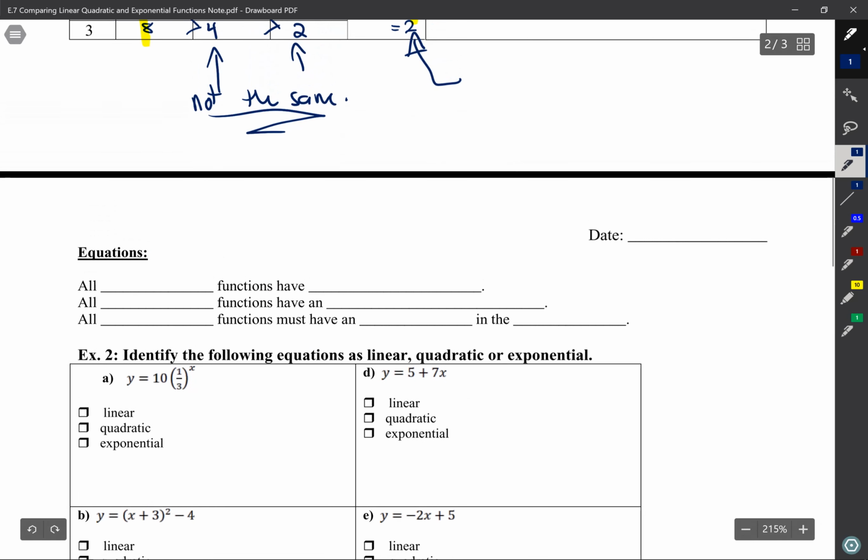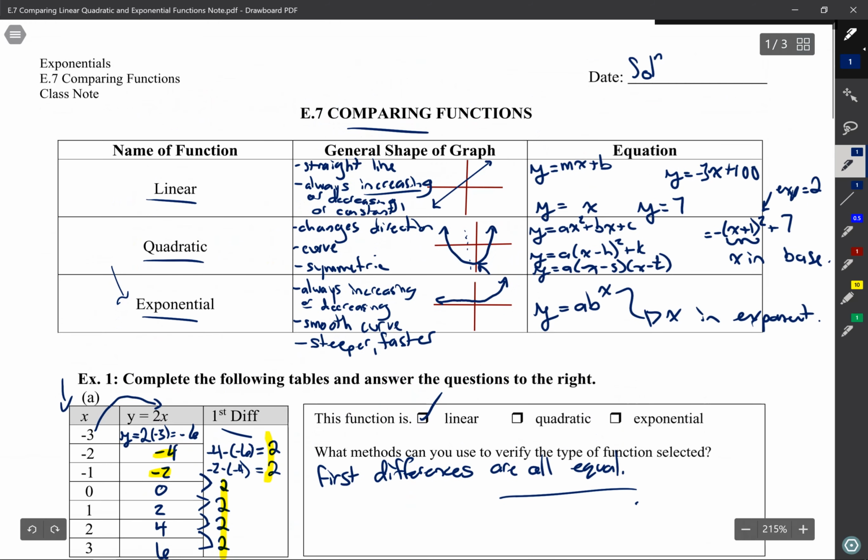Now, the equations, we touched on it up above. All of our linear equations will have an x with no exponent. I can see that in all the examples I gave up here. Actually, except for the one example here, there isn't even an x.